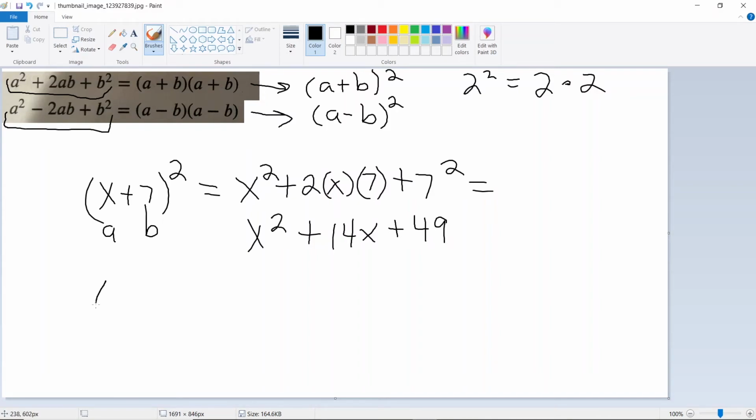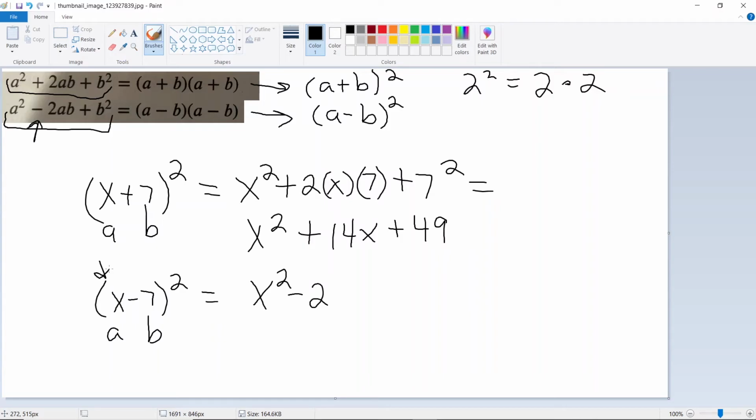And then likewise, if it were x minus 7 squared, it would be x squared minus 2 times x times 7 plus 7 squared. That's the only difference when it's minus: for ones that look like x plus or minus something, the only one that gets the minus sign is that middle term.